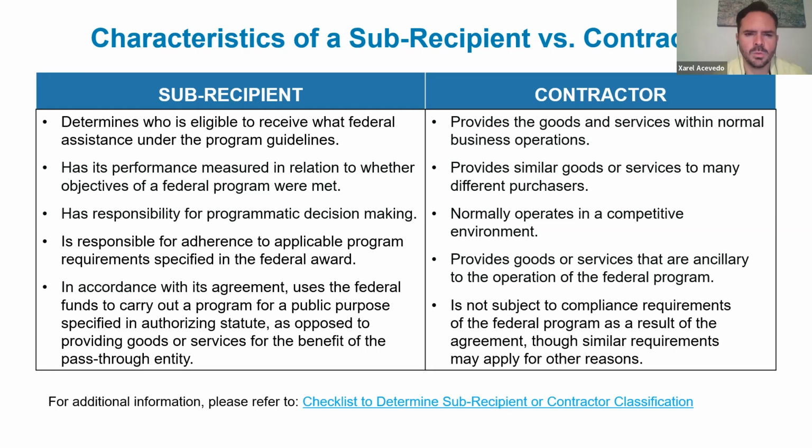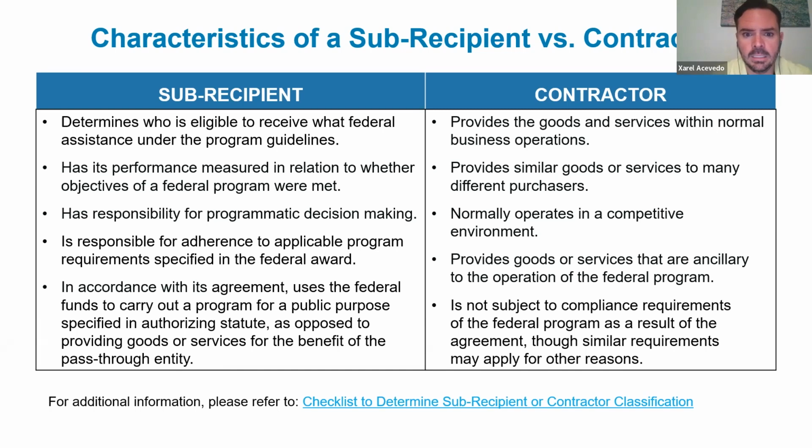In accordance with its agreement, uses the federal funds to carry out a program for a public purpose specified in the authorizing statute, as opposed to providing goods or services for the benefit of the pass-through entity. Again, they're a fundamental part of your program, and they're going to be subject to federal compliance.